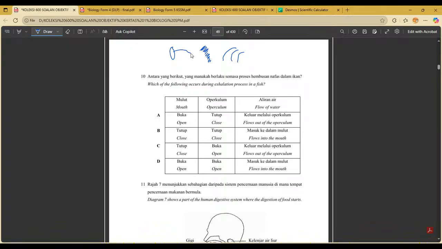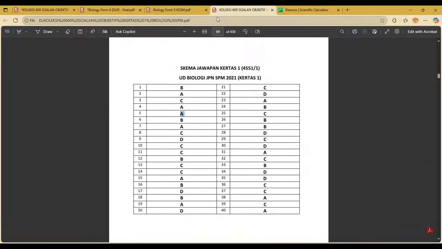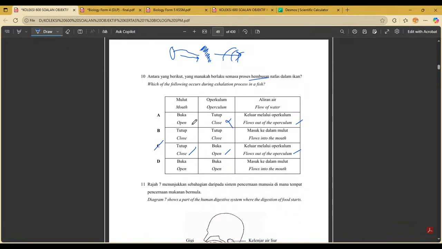Water goes in here, passes by lamella, and goes up to the gills, to the operculum, I guess. So the operculum would be open because it needs to get out to there. The mouth will be closed, and yeah. Number 10, C. Yep.